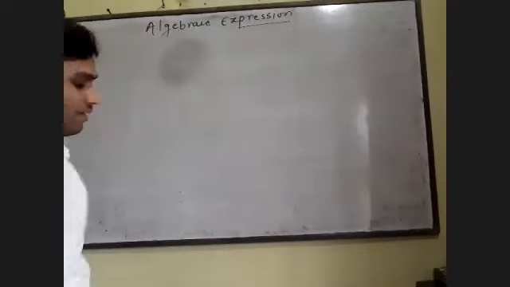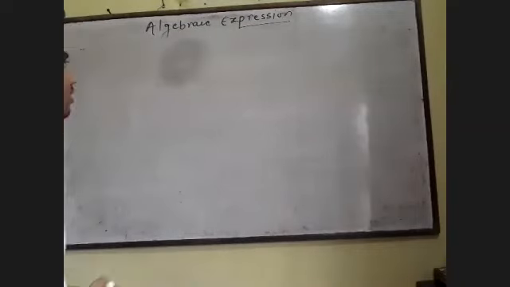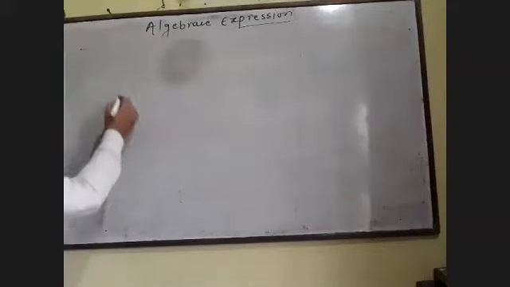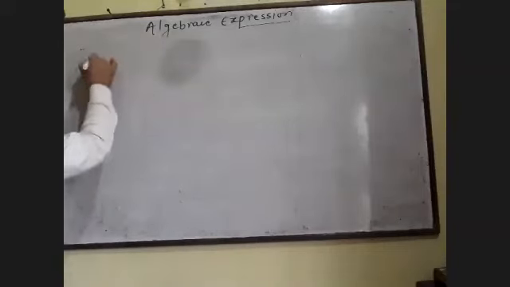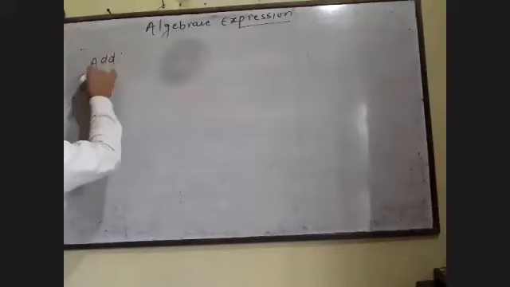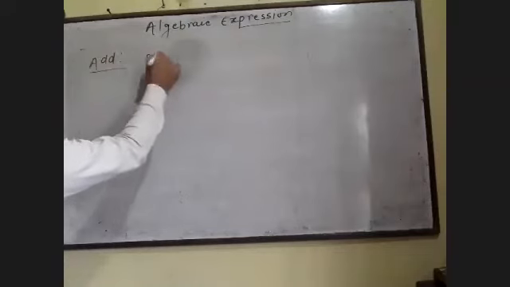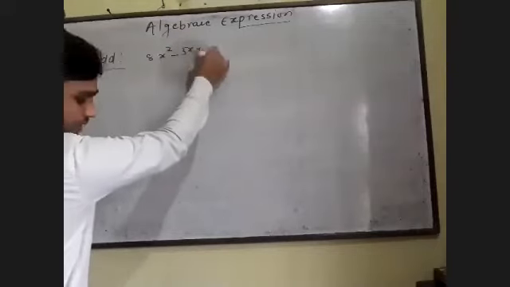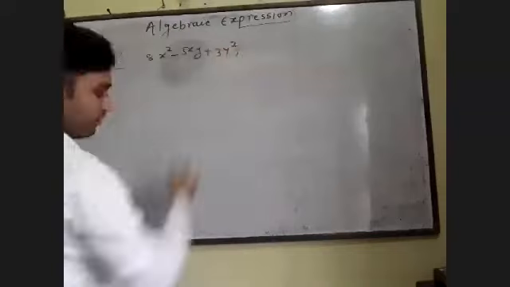Okay, let's see how we can add these all by using the vertical method. Understood? So let's take the example. Add 8x square minus 5xy plus 3y square.